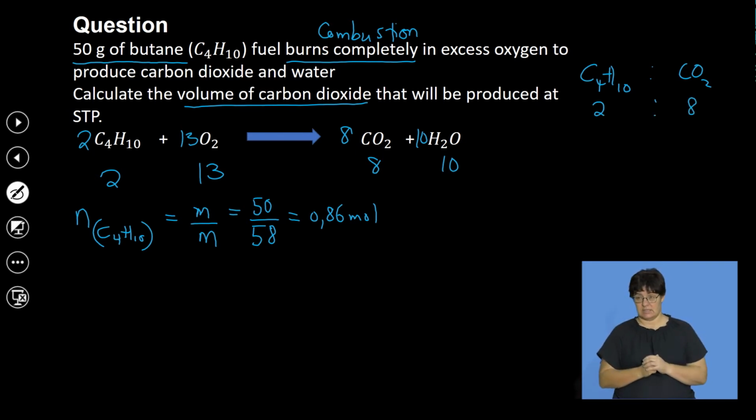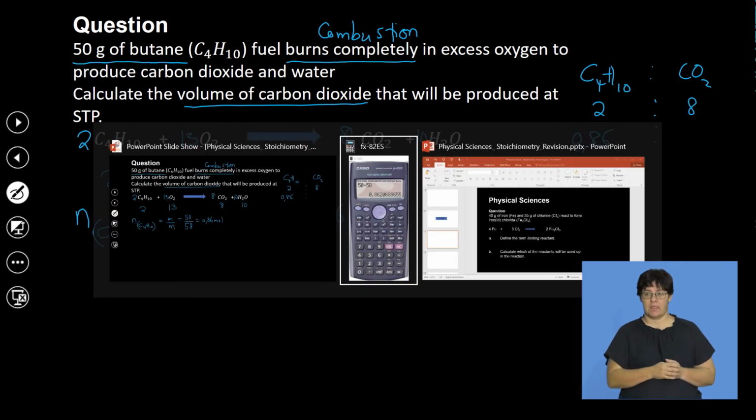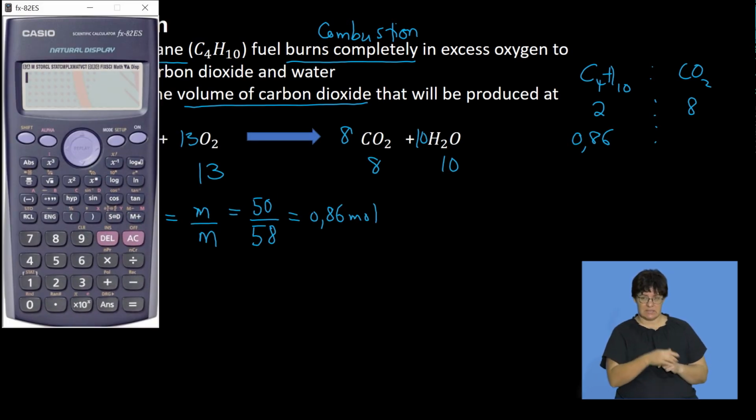So if we've got 0.86, it will give us what? 4 times that. So we're looking at 4 multiplied by 0.86. Where are we getting the 4? If 2 produces 8, it means 1 will produce 4, okay? So we get a decimal fraction of 3.44 moles, right?